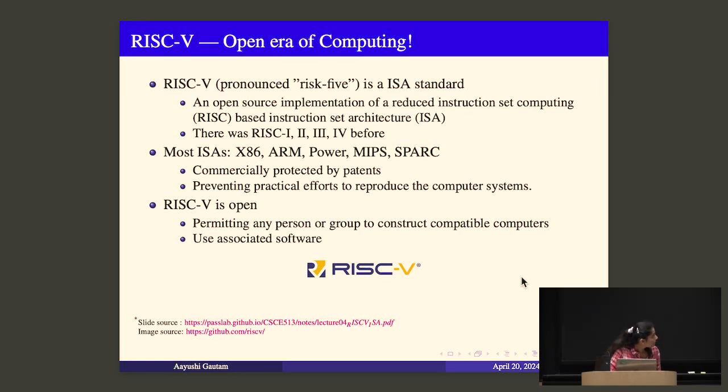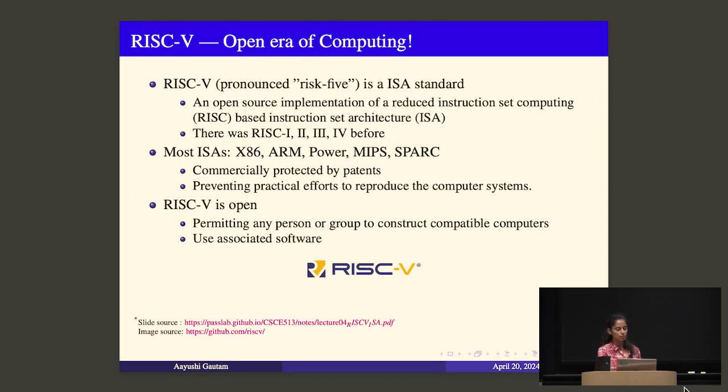And basically, as mentioned, we have RISC-1, 2, 3, 4, and then RISC-V. These all were significant steps in development for RISC, and each iteration brought improvements in terms of performance, efficiency, and complexity.